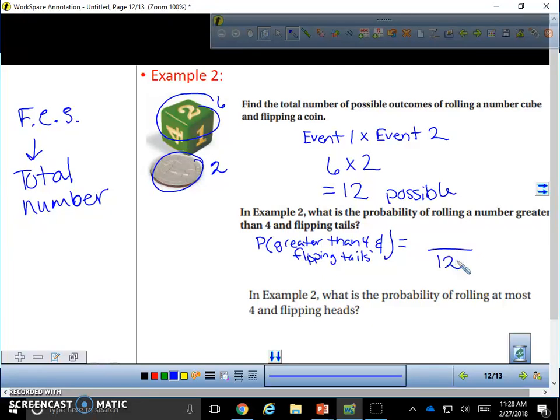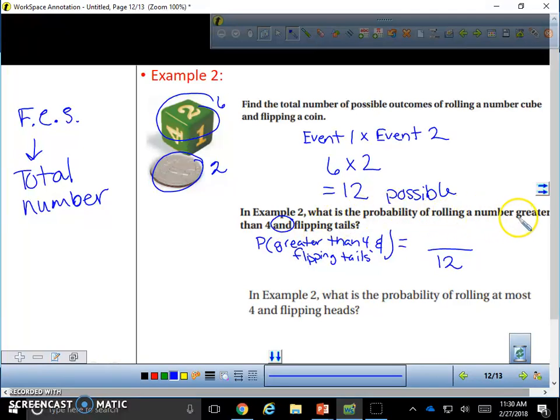Okay, how many ways can you get a number greater than 4? And how many ways can you flip tails? We almost need a picture for this of our sample space, or we need to remember that and means multiply. But let's draw our picture.